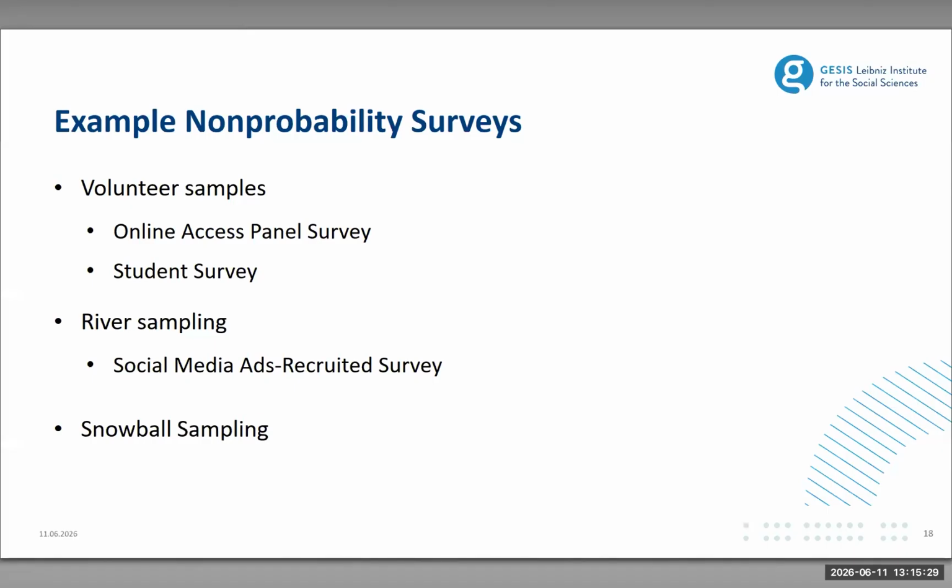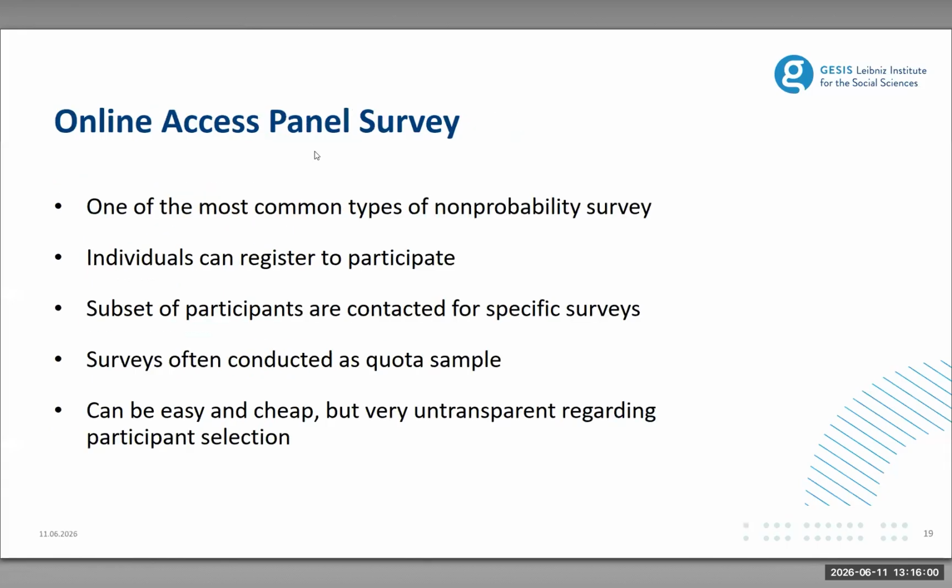And then sometimes with snowball sampling, people are asked to send the request to people they know, or people with some specific characteristics that are of interest for the researchers. And all of these surveys have in common that people volunteer. We don't have a sample where we ask people to participate, but it's the other way around. We ask everyone, and whoever wants to participate is allowed to do that.